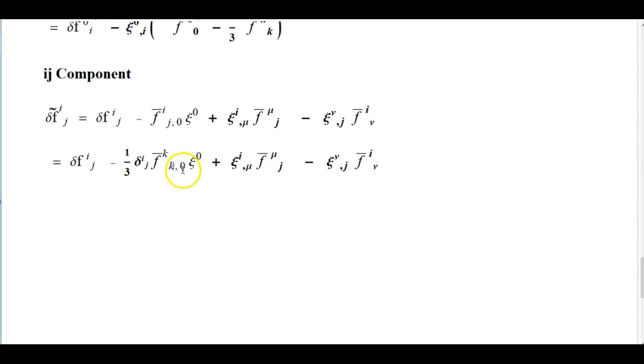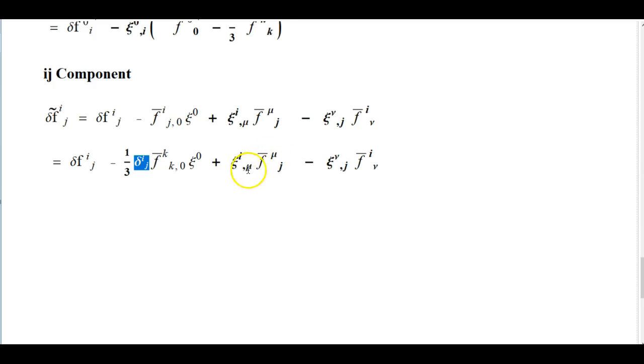So the derivative is left only on the f bar kk part, and this comes out. So this f bar ij we replace with 1 by 3 delta ij f bar kk. Second part simplified. Is it? Yes, it is. Okay.